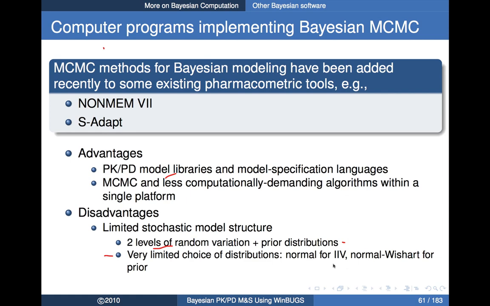In particular, for inter-individual variation, you're limited to normal distributions, and you're limited to the normal-Wishart combination for your prior distributions. So if your model can be described within those limitations, NONMEM and S-ADAPT are both good options that you can use. The downside is the lack of generality in terms of model structure.